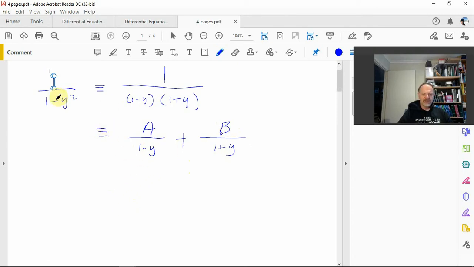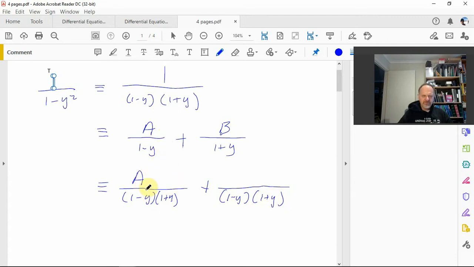All right, let's make these look more like each other now. So common denominator, and simply multiply those things together. For the left-hand one, the 1 minus y was there, so we had to do the top by the 1 plus y.